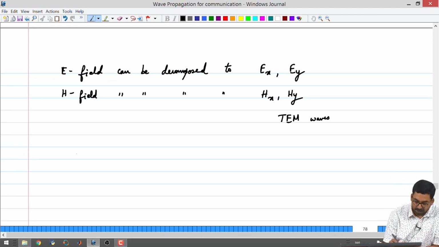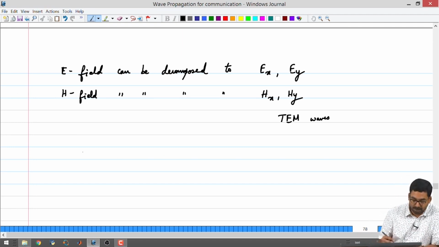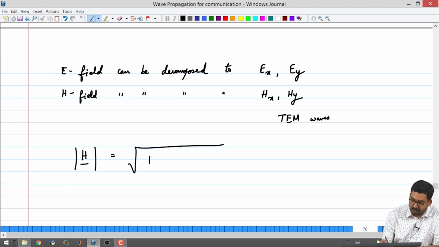More generally, one can also say that if I know the value of the electric field, for example, if I know that the electric field has an x and a y component, all right, one can quickly calculate at least the magnitude of the magnetic field. Let us say it is square root of Hx squared plus Hy squared.